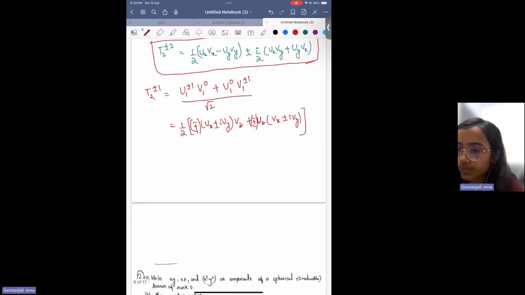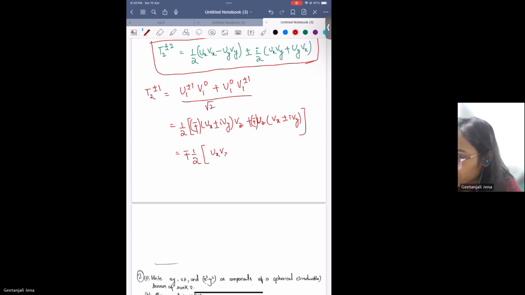So now you just have to simplify the expression. Okay. So let me pull out the minus plus sign. There will be a half here. And this is ux vz plus vx uz. And the other term are plus or minus I uy vz plus vy uz.